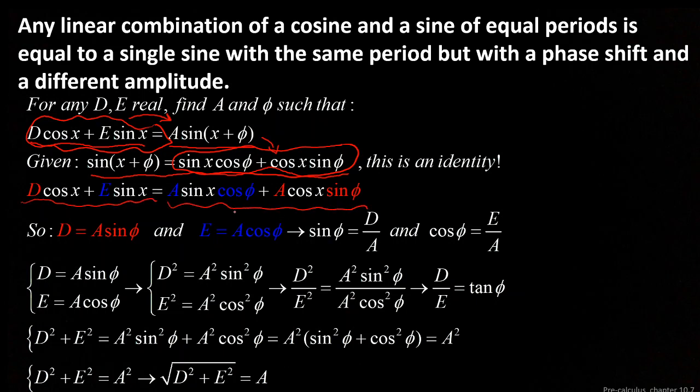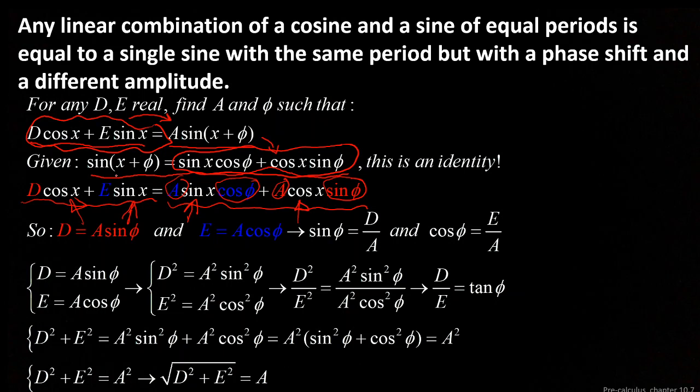Now notice that this one has sine x, and this one has sine x. This one has cosine x, and this one has cosine x. And then the rest of the stuff, the red stuff here together, basically is d, and the blue stuff is e.